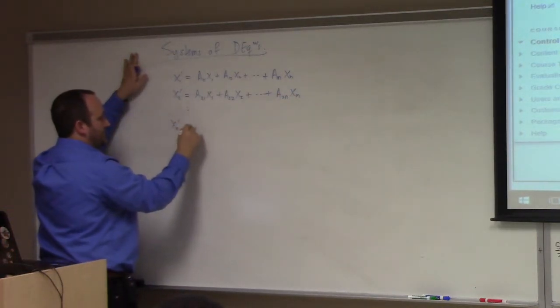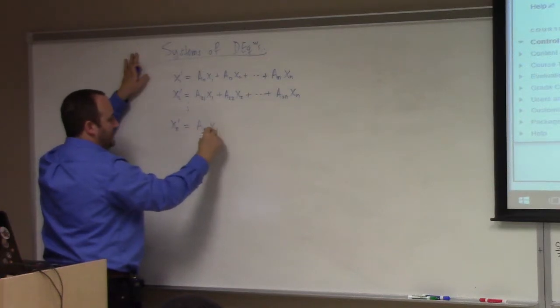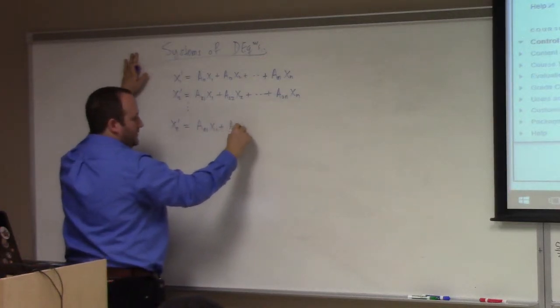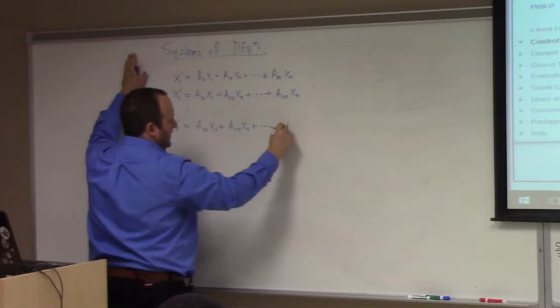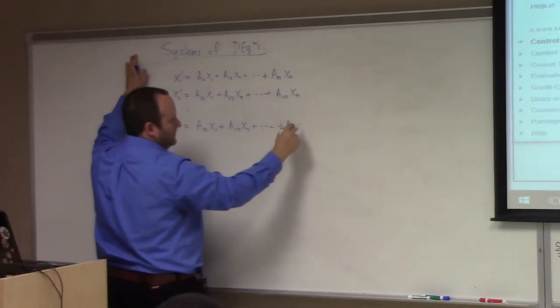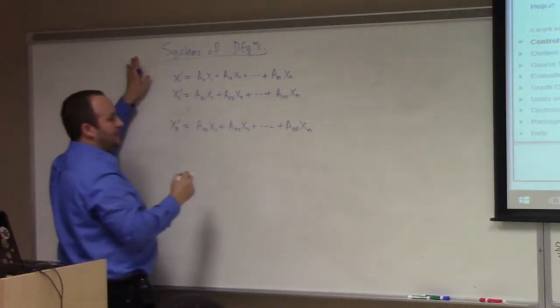Xn prime is an1 x1 plus an2 x2 plus ann xn, right?